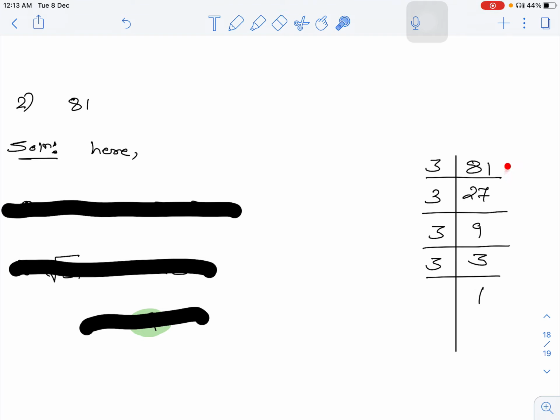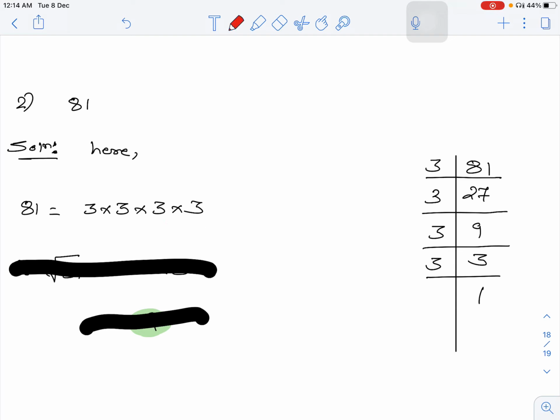Now 81 is not divisible by 2. So which is the next prime number after 2? That is 3. So 3 27s are 81, 3 9s are 27, 3 3s are 9 and 3 1s are 3. These are the factors of 81. So we write it as 81 equals 3 into 3 into 3 into 3.